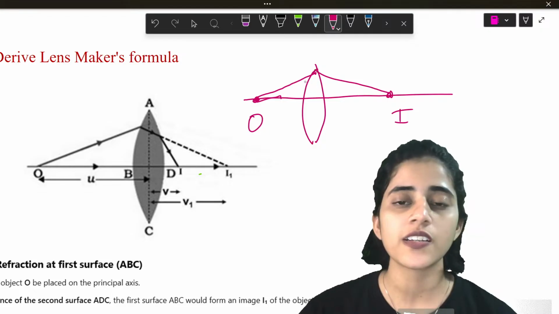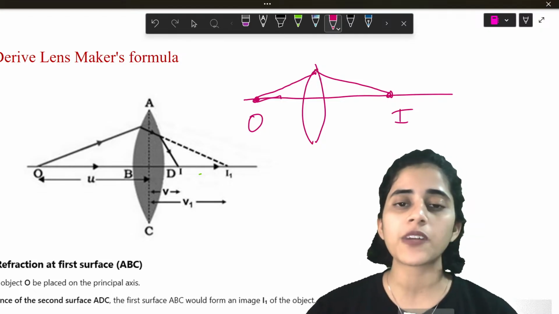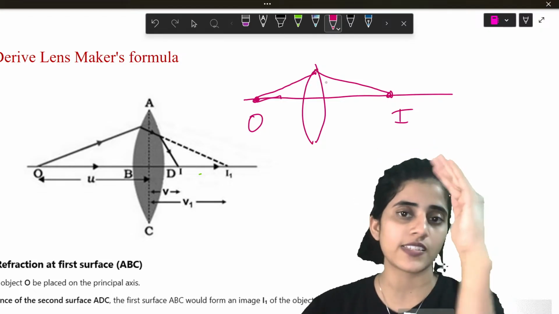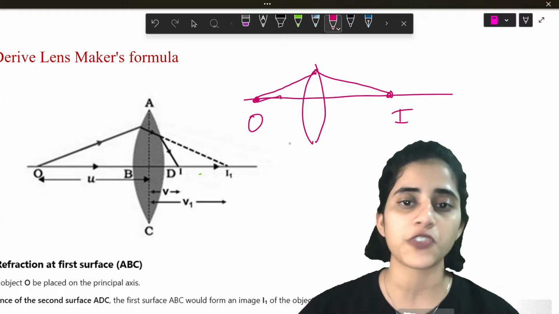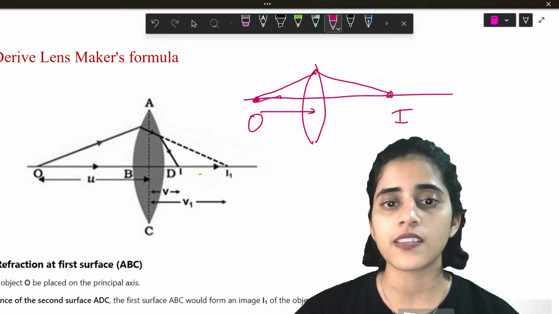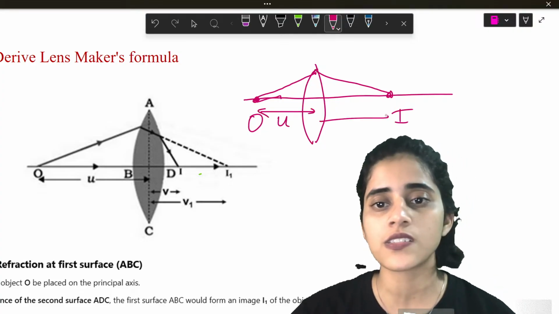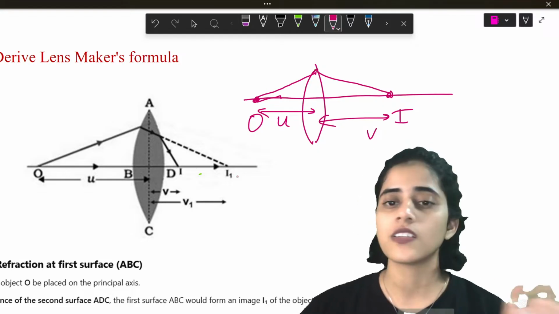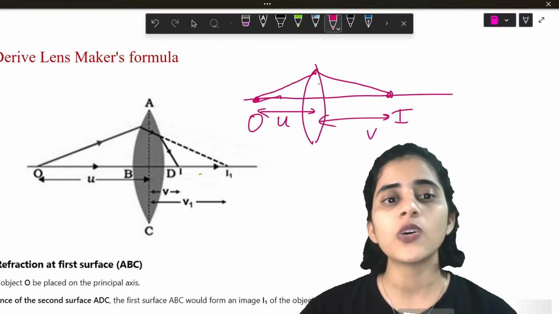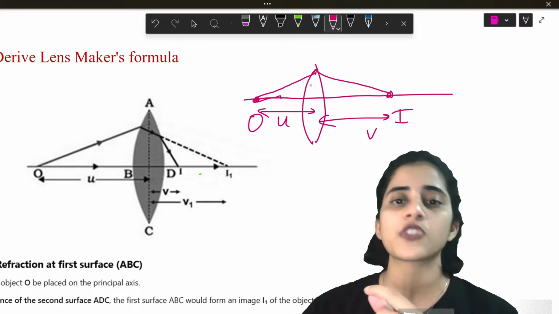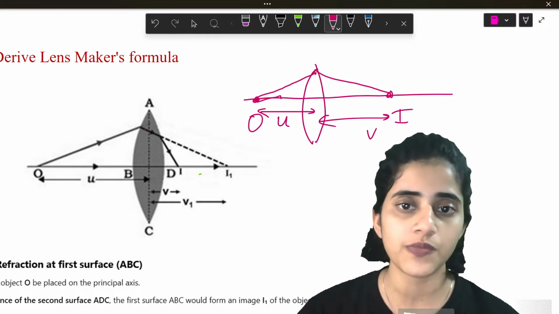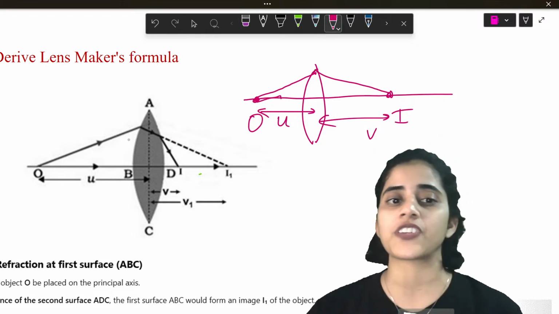Is this much clear? Right now, what I'm considering is the first surface of the lens. I'm just ignoring the second surface. Then this distance is object distance. This is image distance. Everything is okay. Now, if there is the second surface of the lens, there should be two refractions.